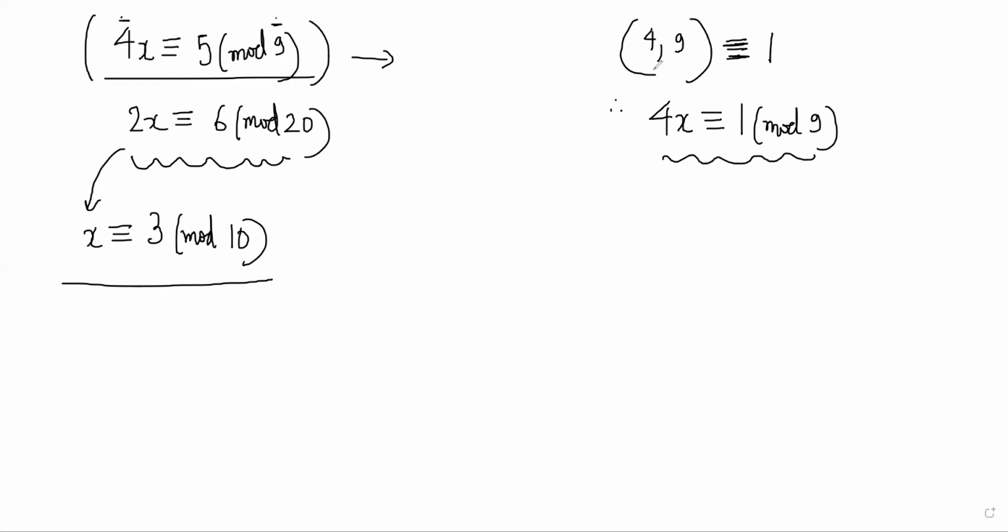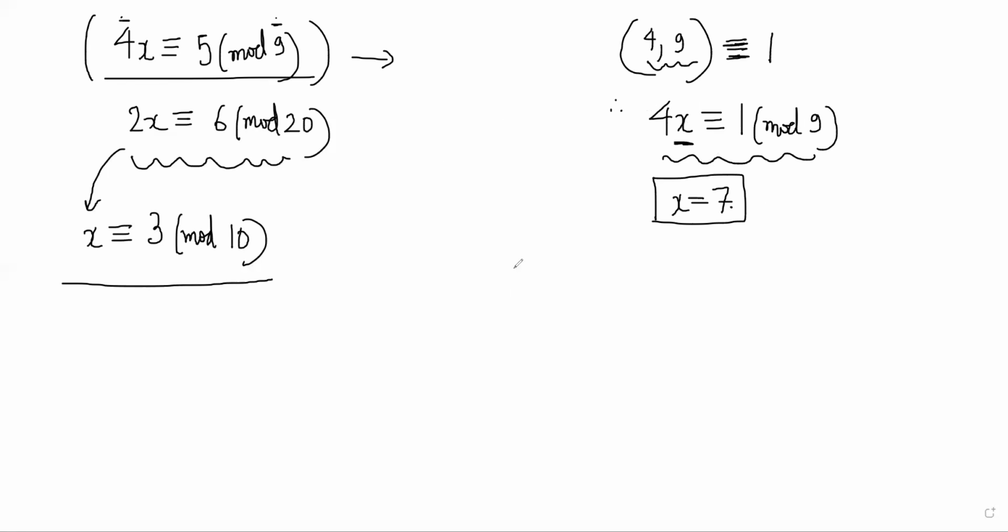As long as two numbers are co-prime, there will be an inverse. What is this inverse? 6 is 24, 7 is 28. So 7 is the inverse of 4 modulo 9. So I'll multiply both sides by 7.